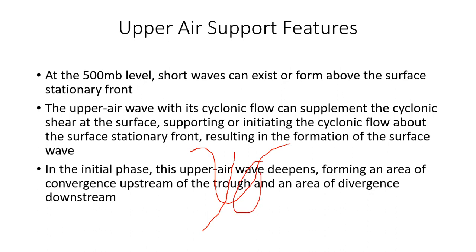That's going to be considered downstream of the trough axis. This is going to be considered upstream. All right, so in the northern hemisphere, in the mid latitudes, when we talk about troughs, when we're out ahead of a trough or to the east of the trough axis, that's an area where you're typically going to find that area of divergence downstream.